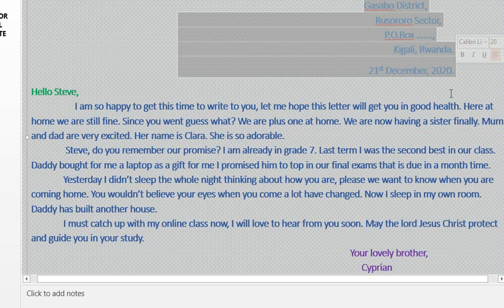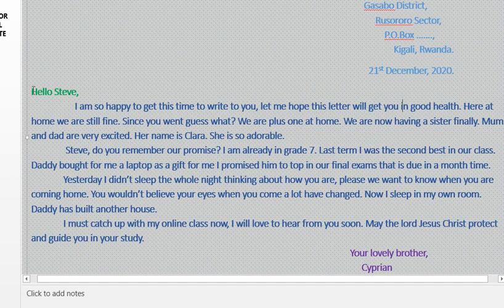That side is where you write your address. If you are done with your address, you come to your salutation. Your salutation is right here. That is the position where you write your salutation. So please don't forget, you keep the address the other side and you keep the salutation this side.